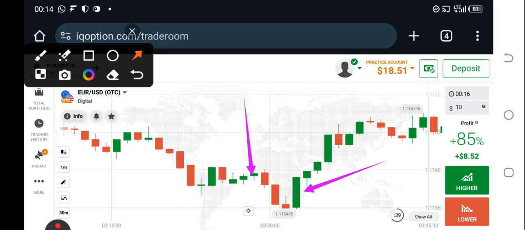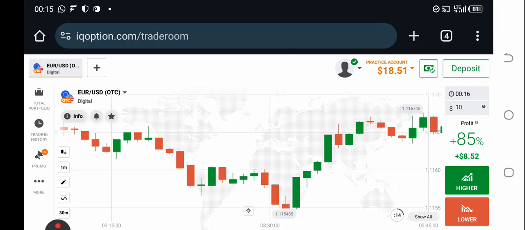It may close as a tweezer, look at this tweezer bottom candle. At the end of the day, the candle may close as a doji candle, for a daily chart, for weekly chart, for monthly chart. Irrespective of the time frame, the candle will close as any candlestick it pleases. It depends on the strength of buyers and sellers at that moment, depending on the market sentiment.